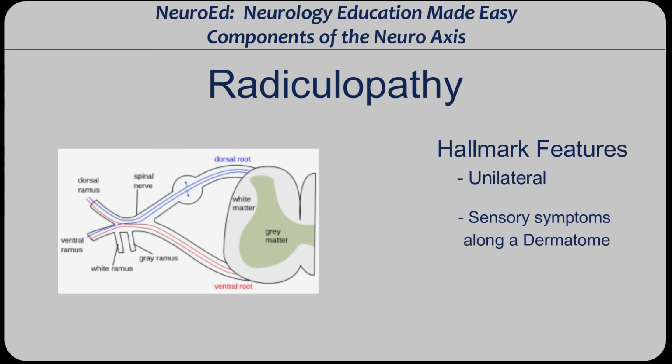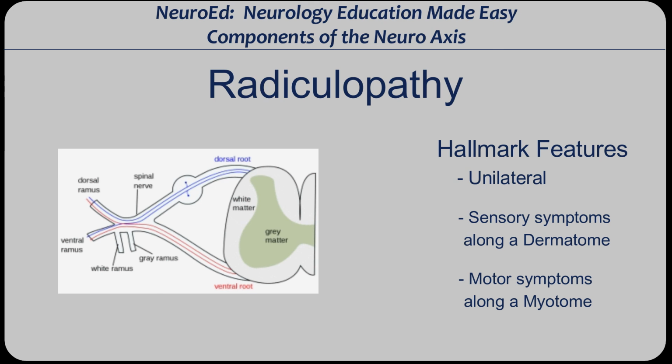It is not along a dermatome, because dermatome refers to the sensory location. So you would have weakness and motor symptoms along a myotome. So in summary, a radiculopathy will cause unilateral sensory symptoms along a dermatome and/or motor weakness along a myotome. Memorize that, learn it up and down, left, right, don't forget it.